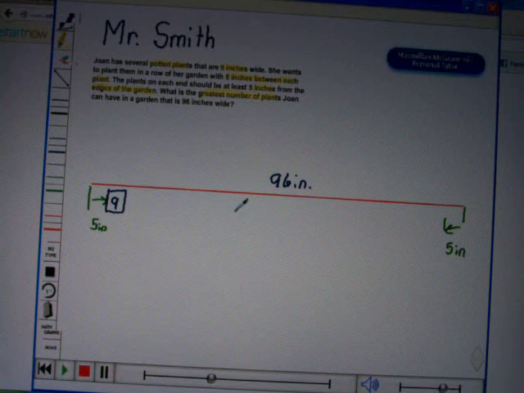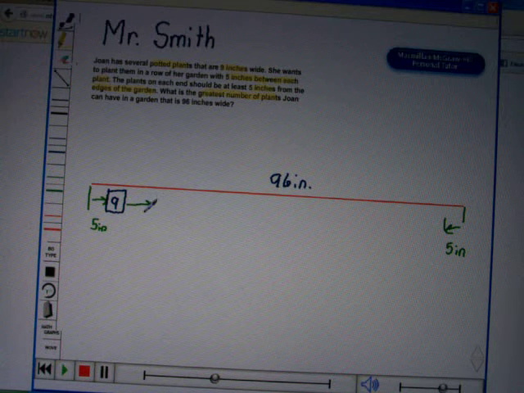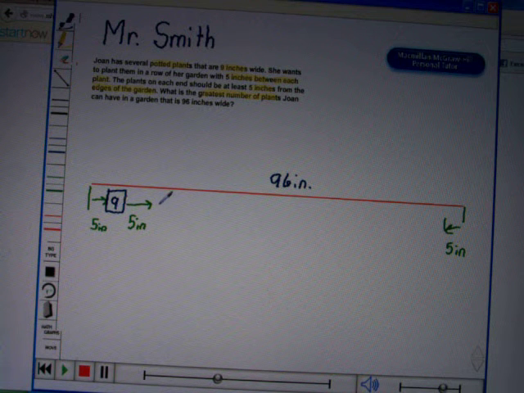So we're going to go across the whole edge of the garden, leaving 5 inches between each. And after every 5 inches, we're going to plant a new plant. And each plant takes up 9 inches.